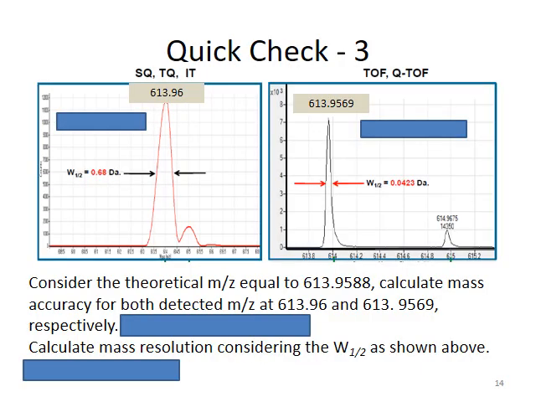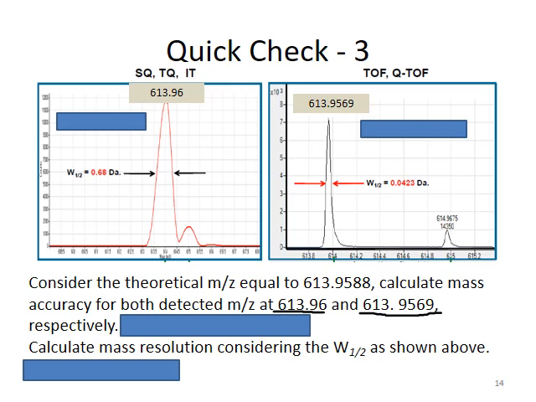Let's do this exercise to have a better understanding of the relationship between mass resolution and mass accuracy. Consider the theoretical m over z equal to 613.9588. Calculate mass accuracy for both detected m over z at 613.96 and 613.9569 on your right.